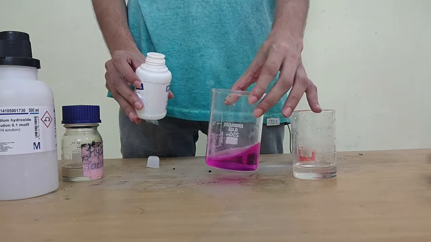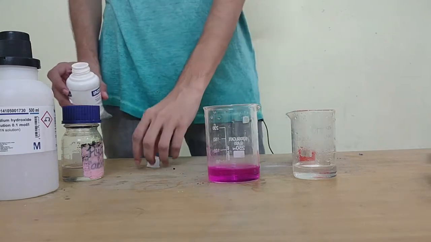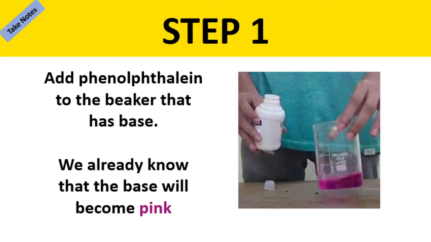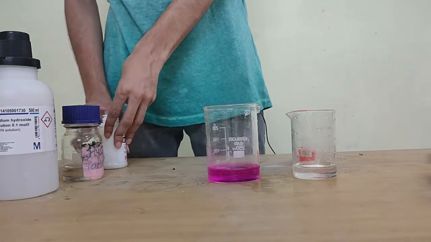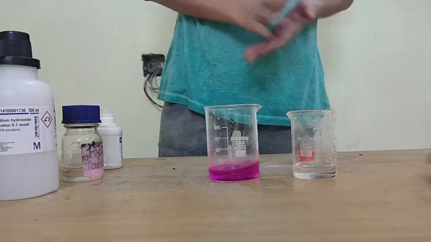I just added a couple of drops and you can see a nice pink hue to my solution. So I know now that whatever is in this is a base. That is my sodium hydroxide base.